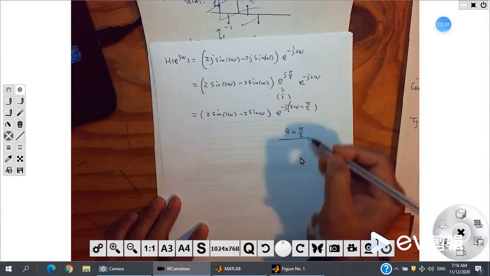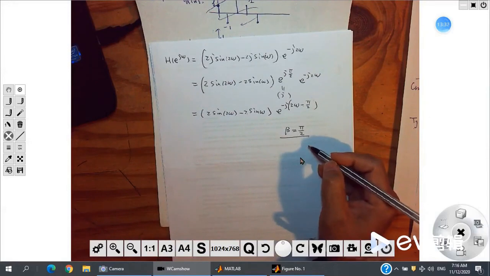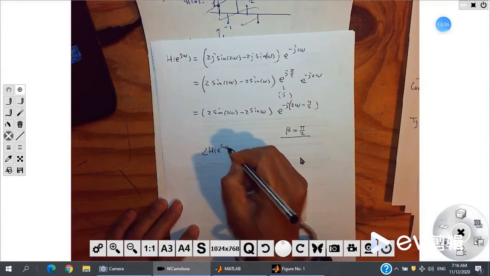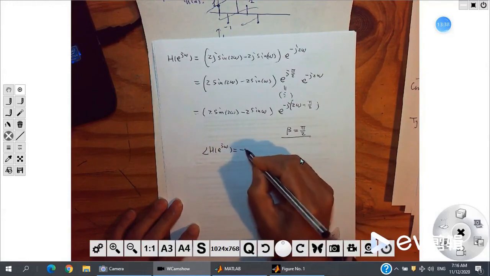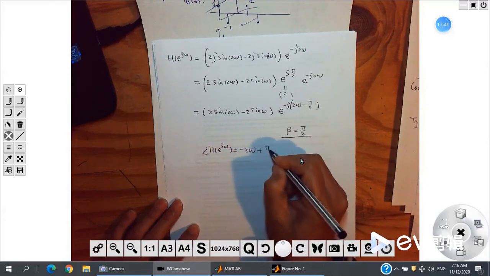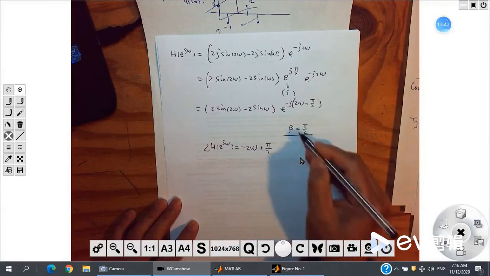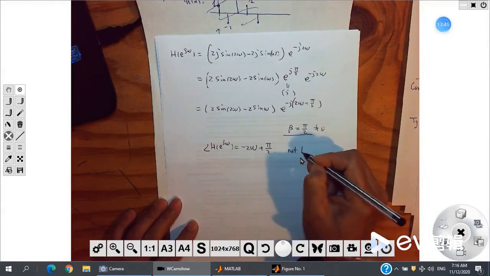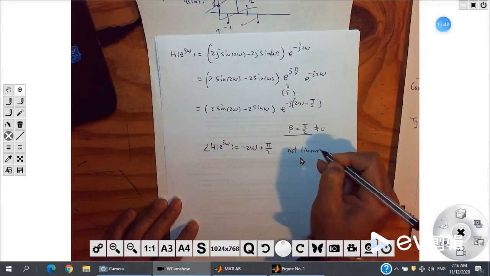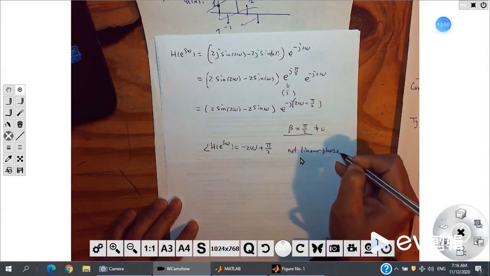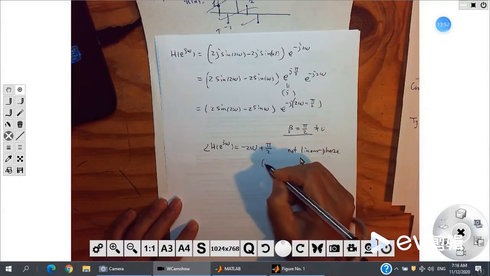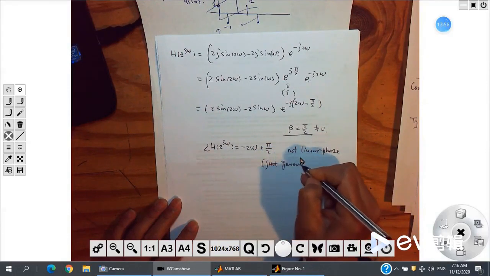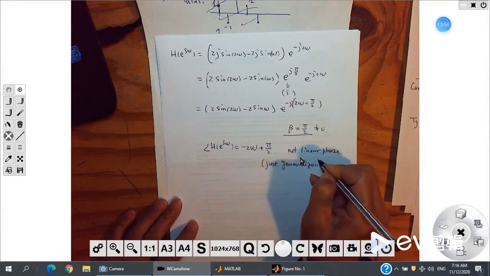Anyway, so the angle of h is negative 2 omega plus pi over 2. Beta is this one, not 0, so not linear phase. Yeah, it's just generalized linear phase.